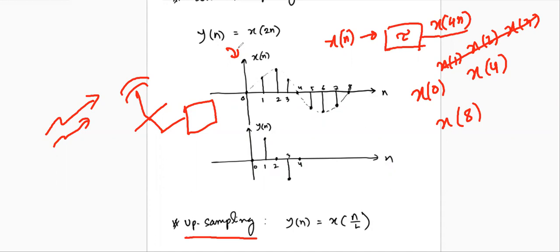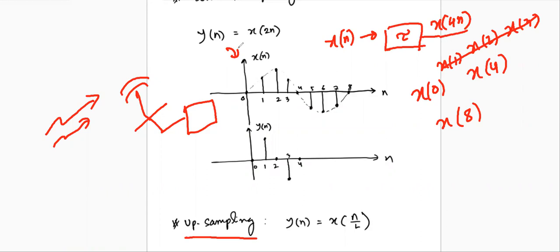So if it is medical data, or music data, in that case you shouldn't go for upsampling or downsampling. But for some regular data like voice data, you can predict it.